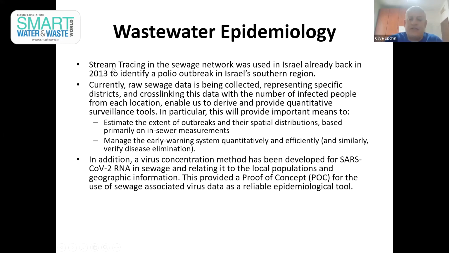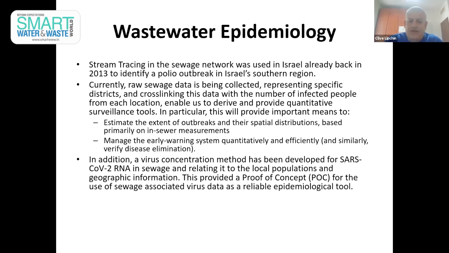And this allows us to derive and provide quantitative surveillance tools, specifically to estimate the extent of outbreaks and their spatial distribution based on our sewer measurements. And secondly, to provide early warning systems to the authorities so that they can quantitatively and efficiently put into place effective lockdown measures or reduction of people's movement and so on to minimize the spread of infection.